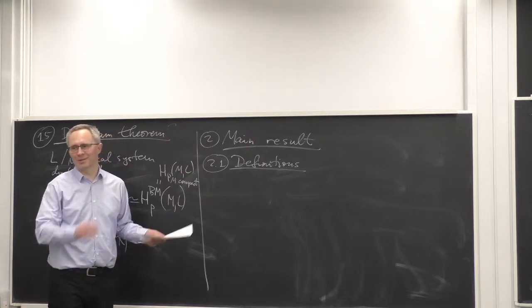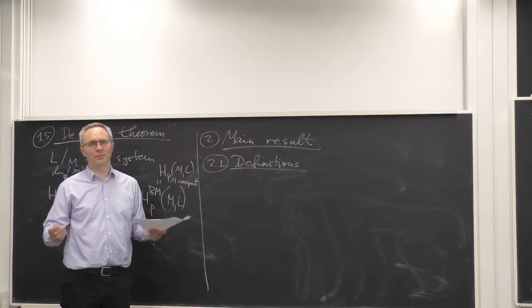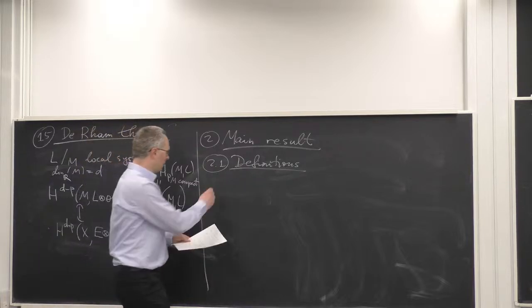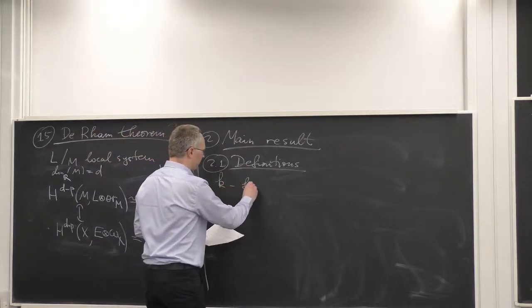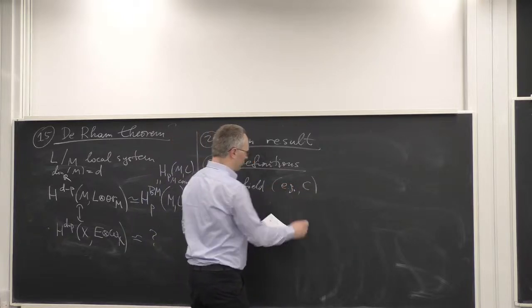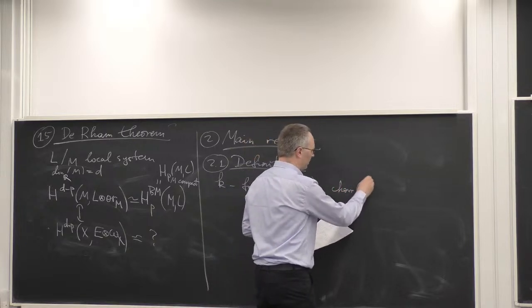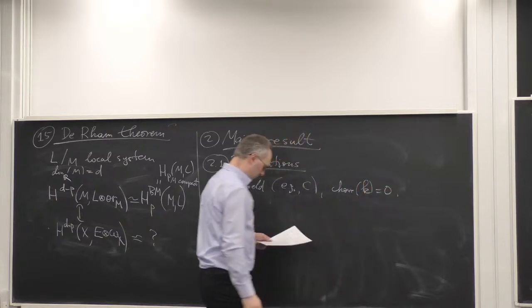Yes, so let's go. But on the other hand, it can be defined over any field, even over Q, it doesn't matter. So let K be some field. You can think of it, for example, as the field of complex numbers. Of characteristic 0, which will be important because we will use it here.